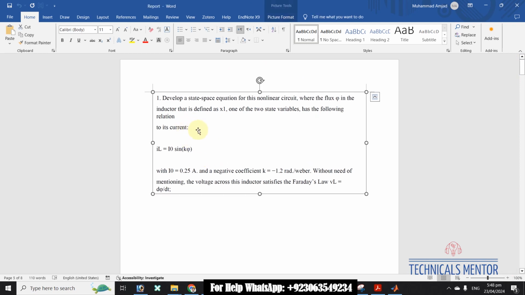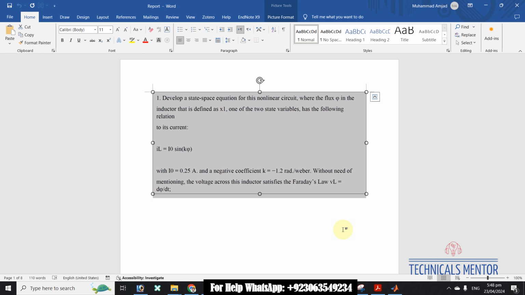So let's develop our state space equation for this nonlinear circuit, where the flux phi in the inductor, defined as x1, one of the two state variables, has the following relation to its current: IL is equal to I0 sine of k phi, with I0 equal to 0.25 ampere and a negative coefficient k equal to minus 1.2.